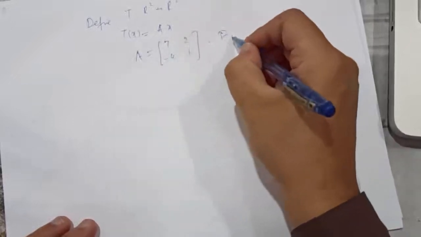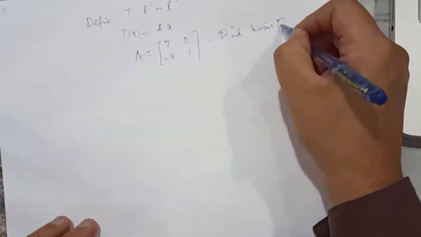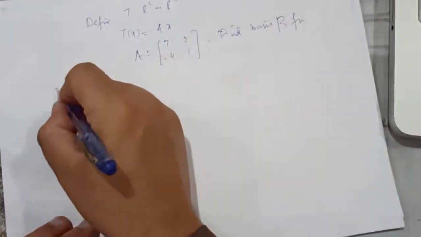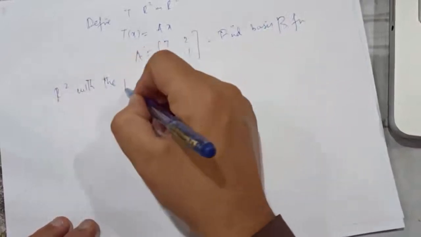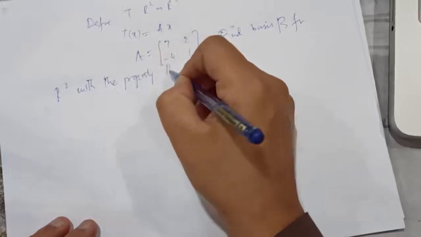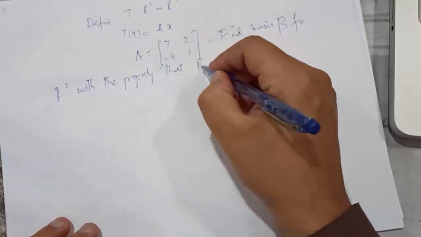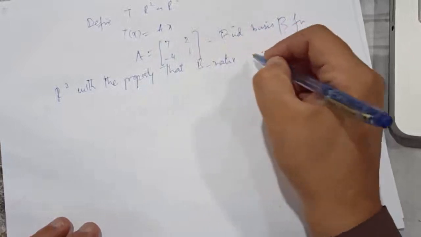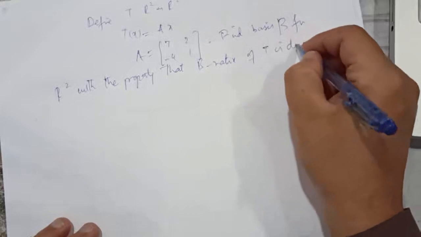You have to find a basis B for R square with the property that the beta matrix for T is diagonal, right?